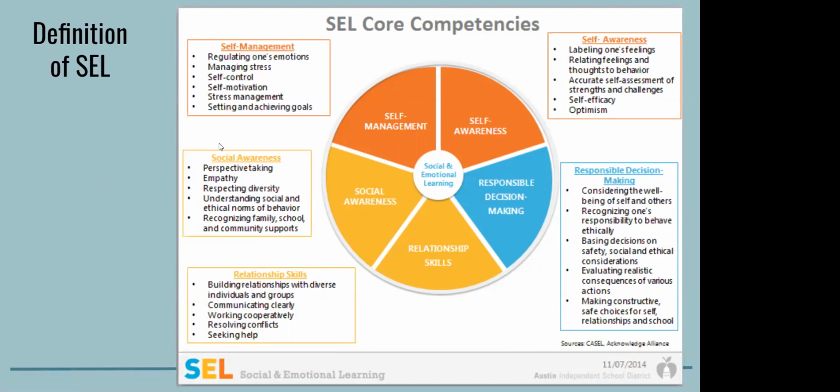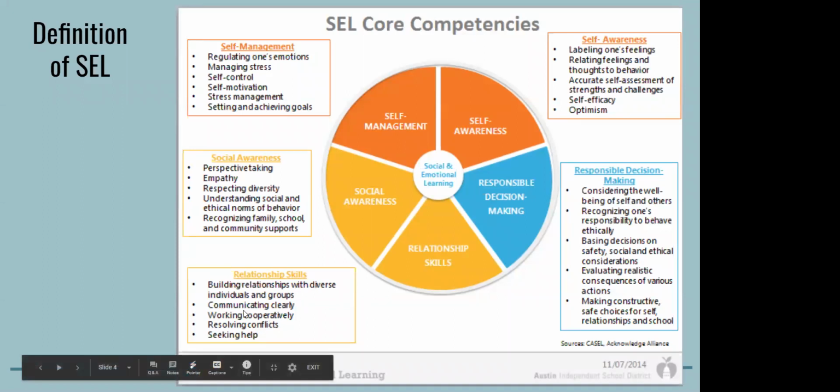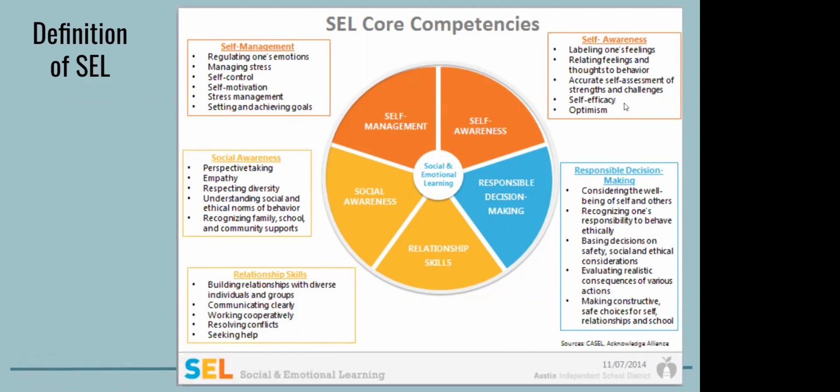And you know your students. You may not know the students you're getting yet for next year, but you may know some of them. But you know the makeup of your school, and you know if you have students that are struggling to work cooperatively in groups with others, maybe they struggle with self-efficacy.